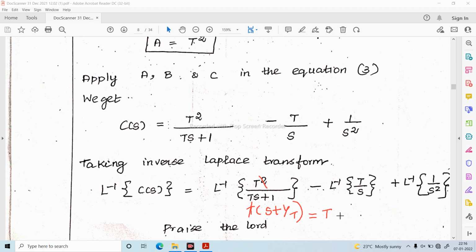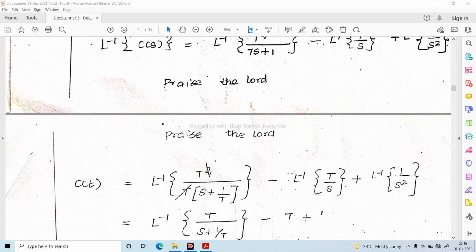That is T into e power minus t by T, minus, what is the Laplace transformation of 1 by s? That is 1, plus, what is the Laplace transformation of 1 by s square? That is t. So this is the final expression for C of t.